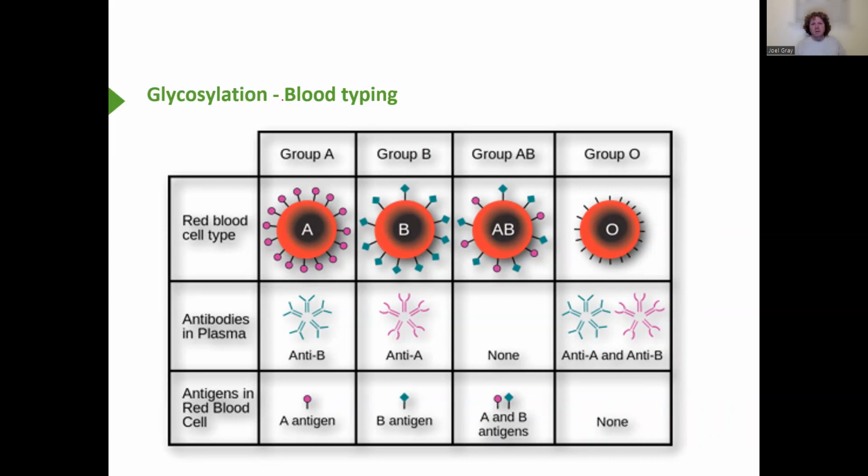So here what we have is group A, B, AB, and group O. Group A, you've got the A antigen on your red blood cell surface. Group B, you have the B antigen on your red blood cell surface. Group AB, you have A and B antigens. And group O, you have none of the antigens on your red blood cell surface.